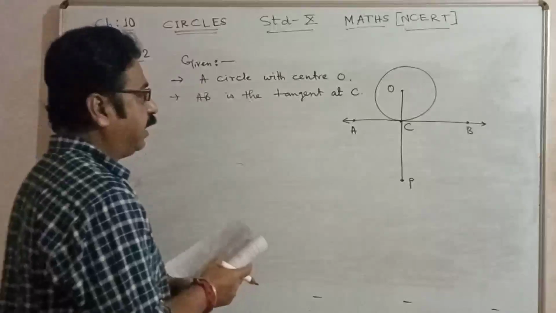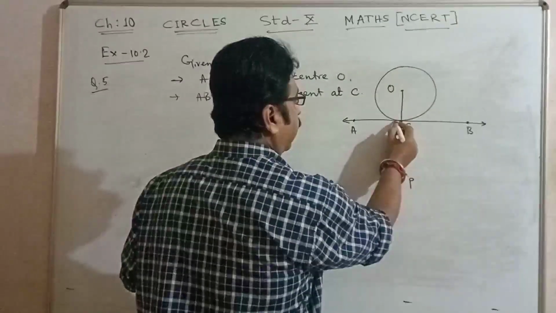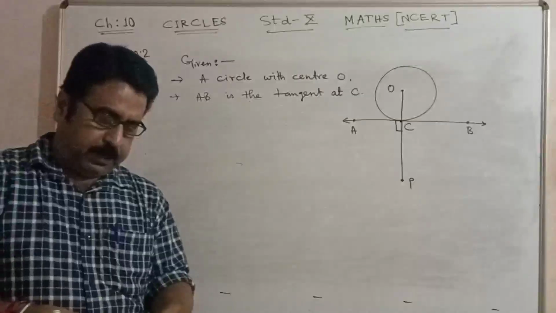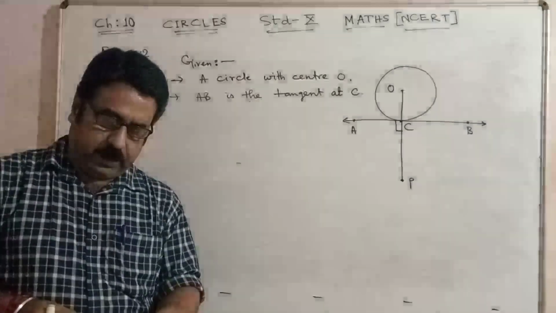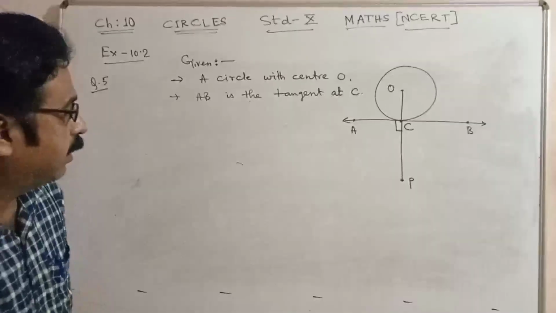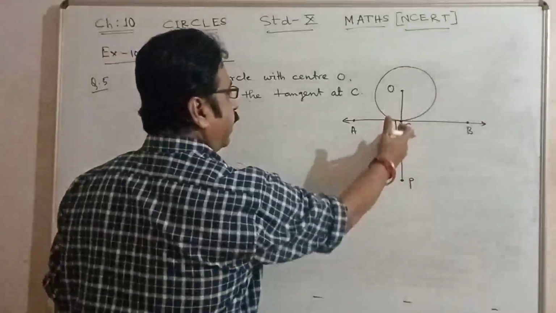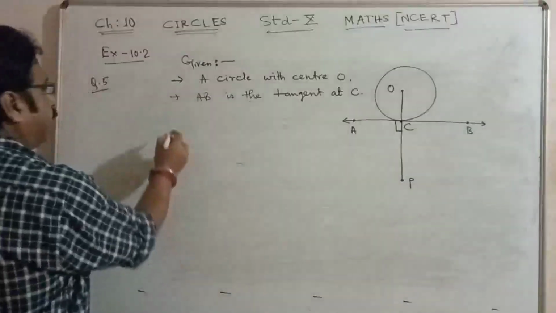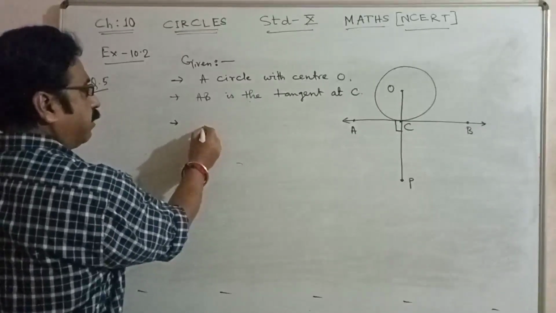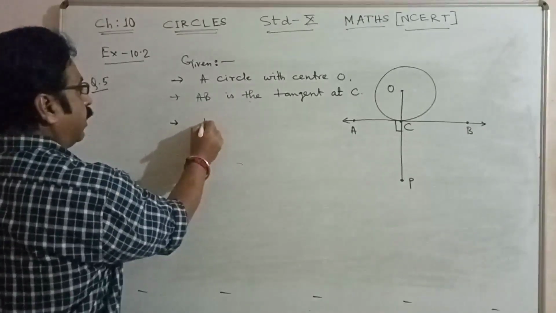Now, one more thing is given. The perpendicular at the point of contact to the tangent to a circle passes through the center. This is the perpendicular to the tangent. PC to the point of contact, one perpendicular we got.